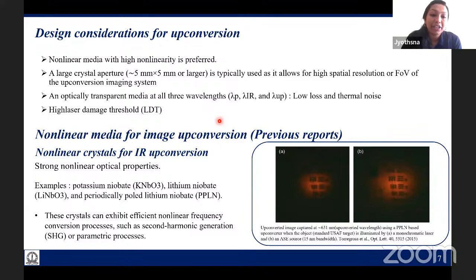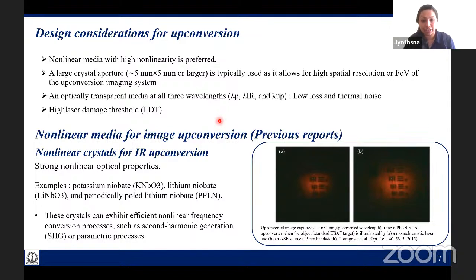The previous implementations mainly used nonlinear crystals, as I mentioned, which have strong nonlinear optical properties. Some examples are potassium niobate and lithium niobate, and for the phase matching requirement, we normally use periodically poled lithium niobate crystals.